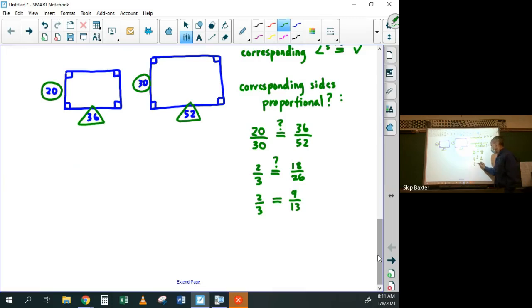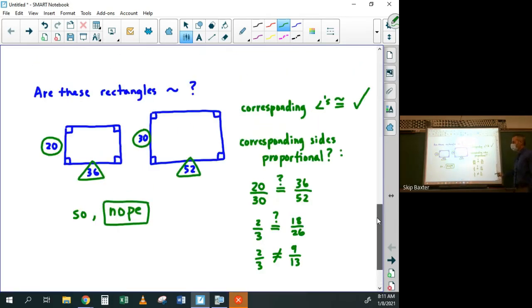This is definitely not equal. 2/3 is not equal to 9/13. So the answer is nope, they are not similar. Absolutely not. Does that make sense?